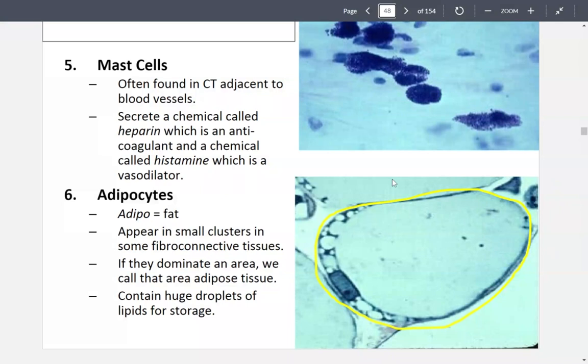If they dominate an area, for instance, the subcutaneous layer of the integumentary system, something we'll talk about in a later unit, then it's referred to as adipose tissue. And basically what adipocytes are is they contain a huge droplet or droplets of lipids for storage purposes. They don't really do anything else.